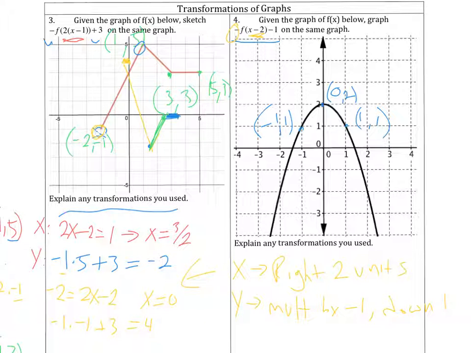Let's see what that might look like. So for negative 1, negative 1, positive 1, right 2 units would be at positive 1. Multiply 1 by negative 1. Okay, that's negative 1. And down 1 is negative 2. So this point is going to become 1, negative 2.